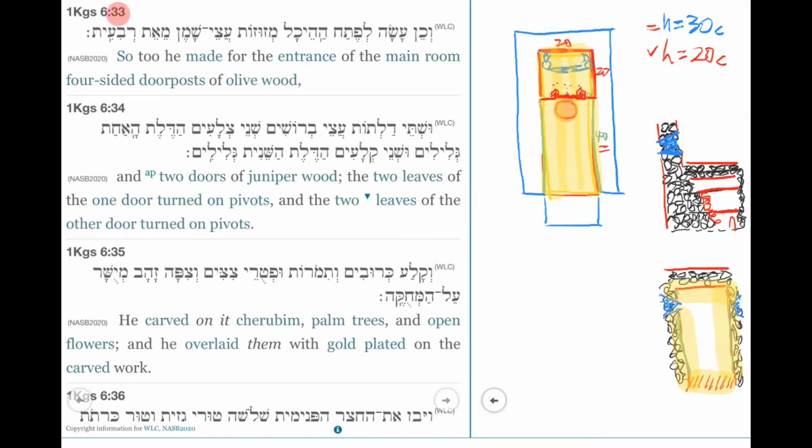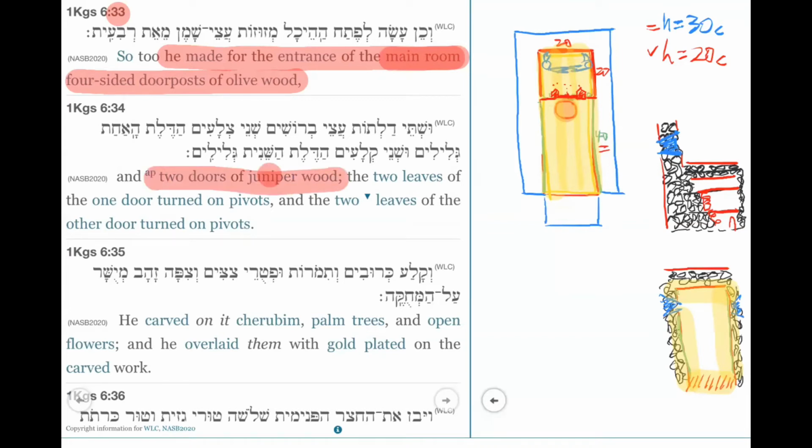Verse 33 now talks about the main entrance. So he made for the entrance to the main room 4-sided doorposts of olive wood and 2 doors of cypress wood. The 2 leaves of one door turn on pivots, and the 2 leaves on the other door turn on pivots.